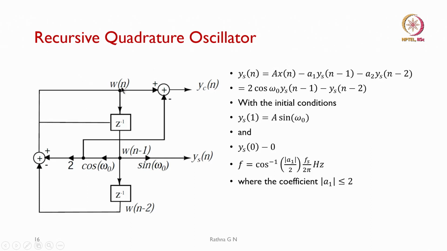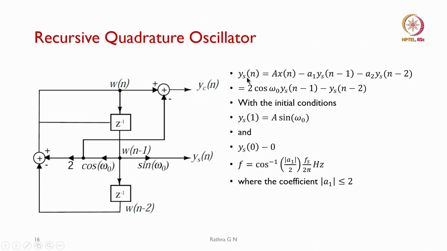You will see W of n and then W of n minus 1 in this case also. 2 cos omega naught is the feedback signal, and the feed forward is a multiplication with sine omega naught, and you will see 2 delays. This is W of n minus 2, which you subtract, and you get your cos, and here you get the sine.